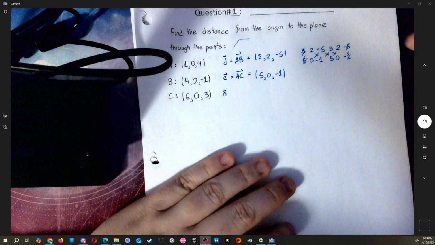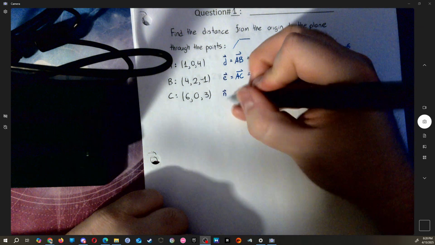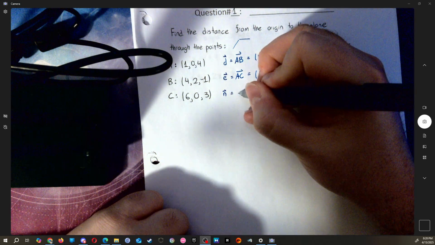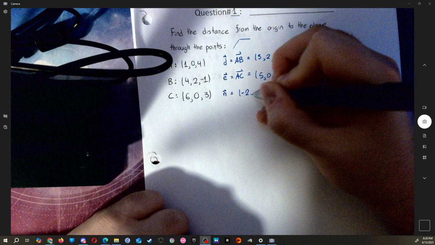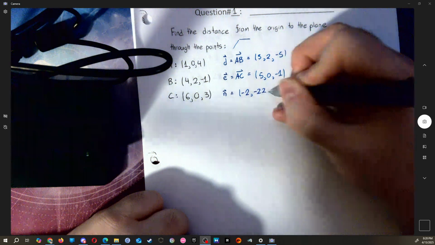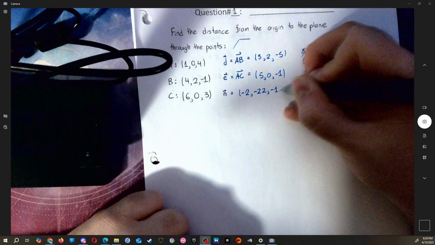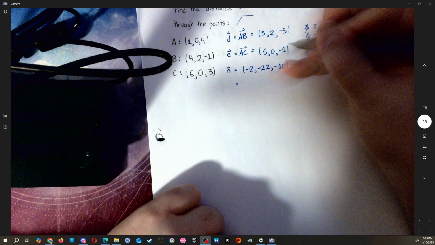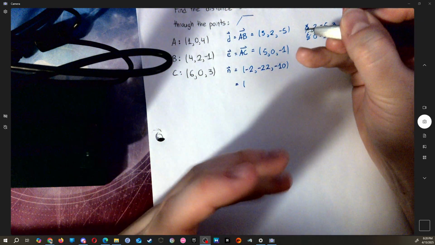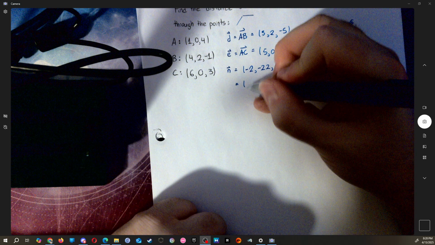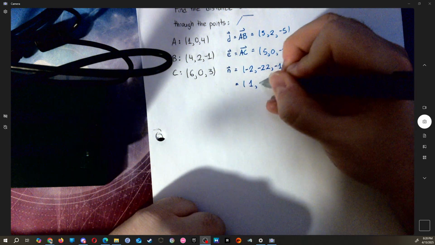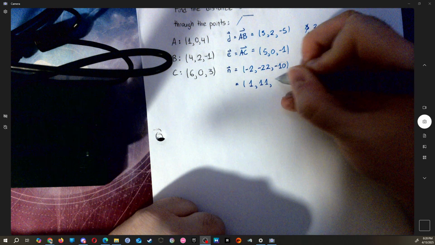Okay? And this will spit out a value for my normal of negative 2, negative 22, and negative 10. Getting a little ahead of myself there. And I can just simplify this to make my life a little bit easier, getting rid of all the negatives and dividing everything by 2 to just give me 1, 11, and 5.